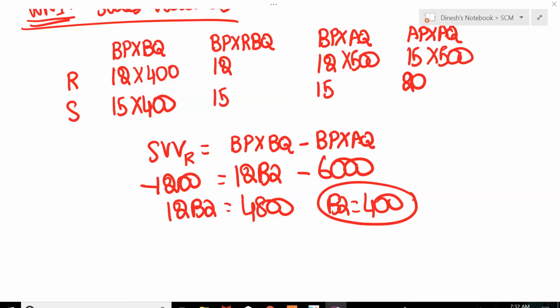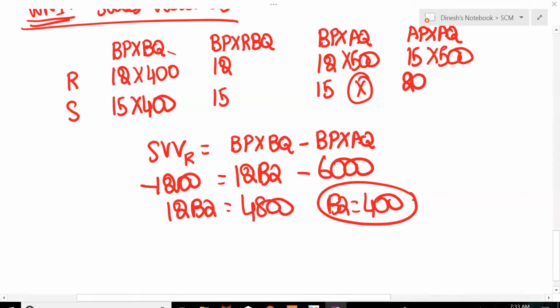How do we proceed? Let's take X as AQ of S. So what you will do is, as we did when we did material variance, the same kind of adjustment, you will take this as X. The moment you take this as X, the total of AQ is X plus 500, and RBQ is X plus 500 in the ratio of 1 is to 1.